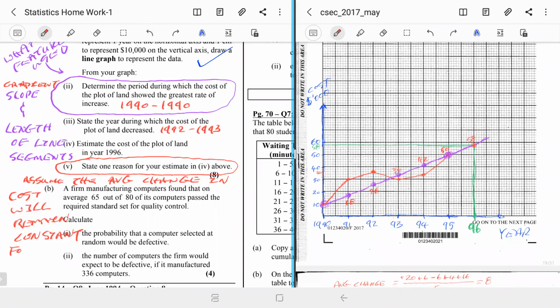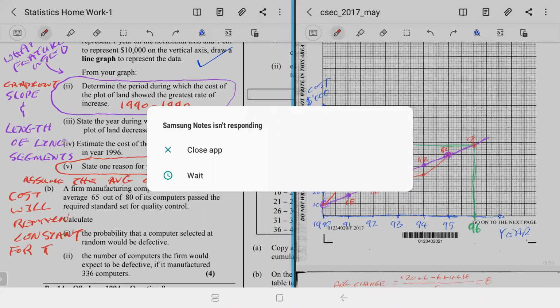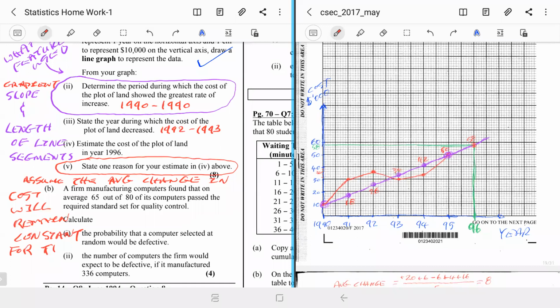Right, so it remain constant for the next year.